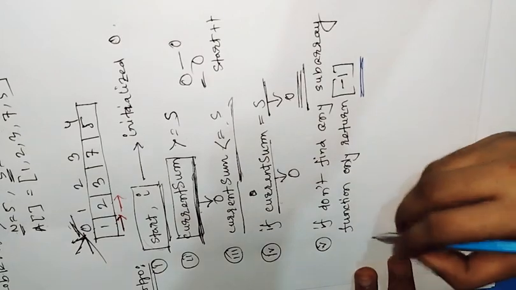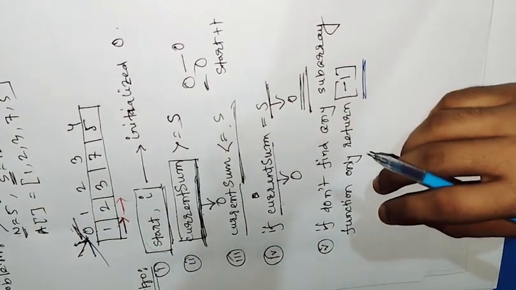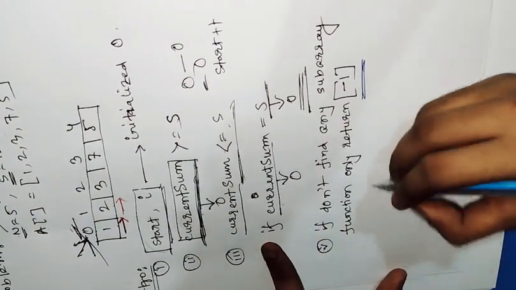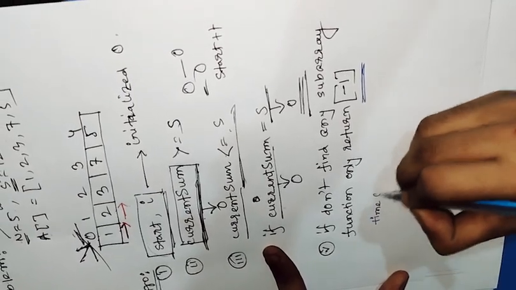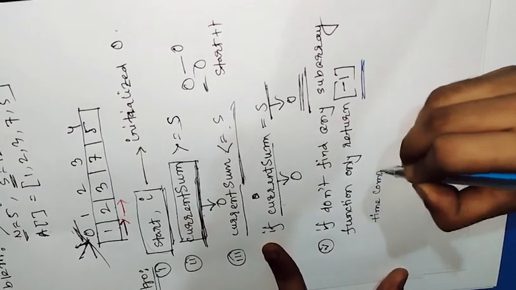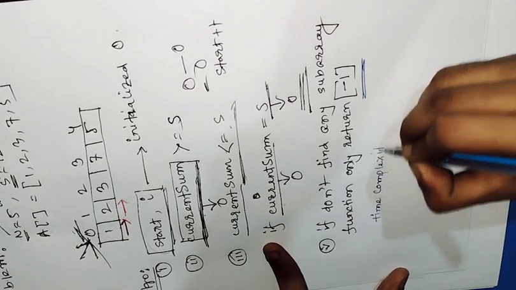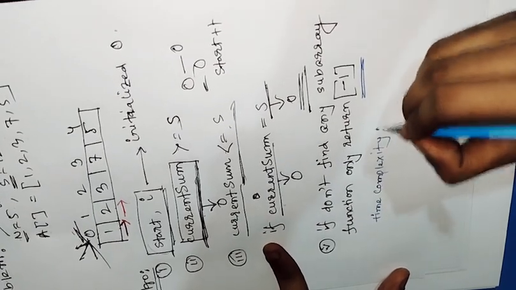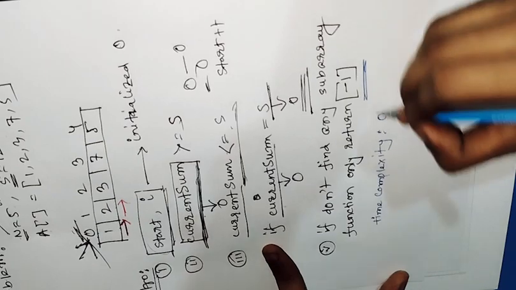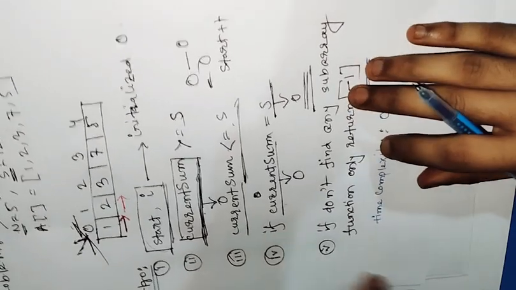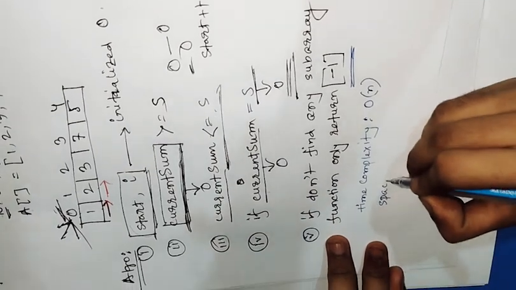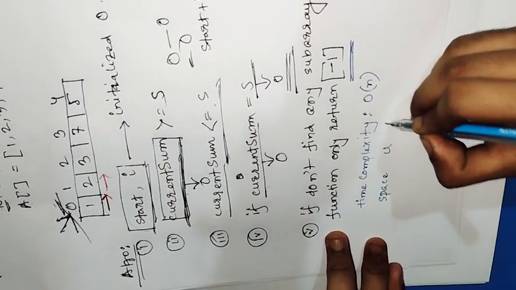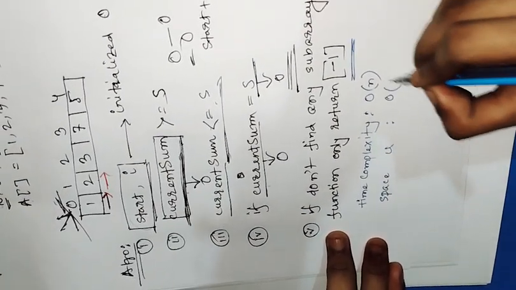And here time complexity is O of n, and space complexity is O of 1.